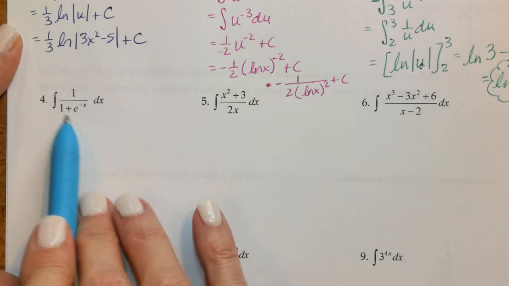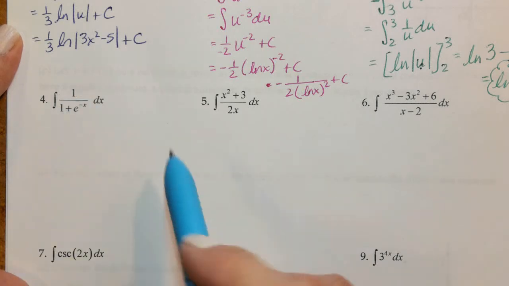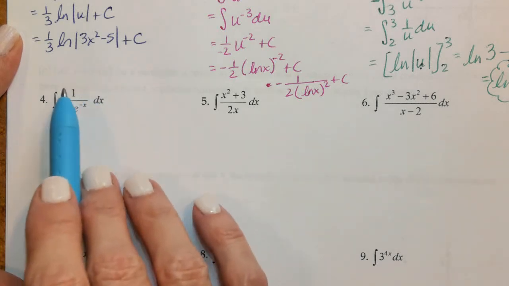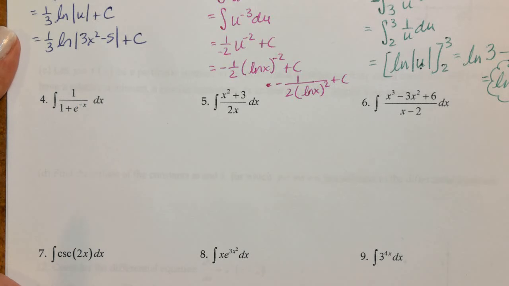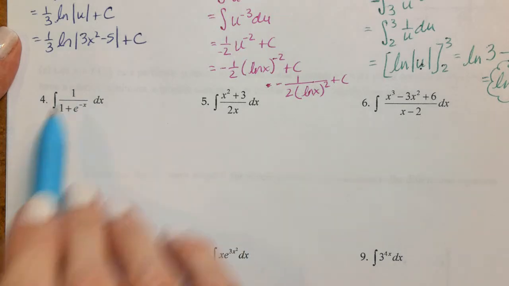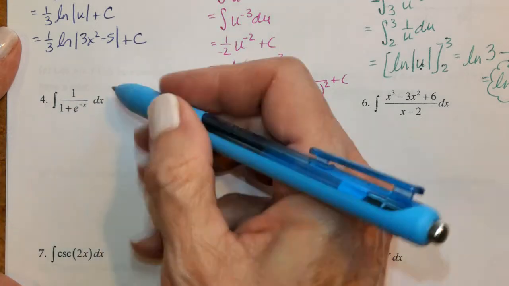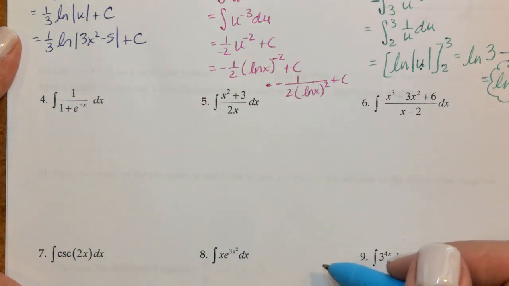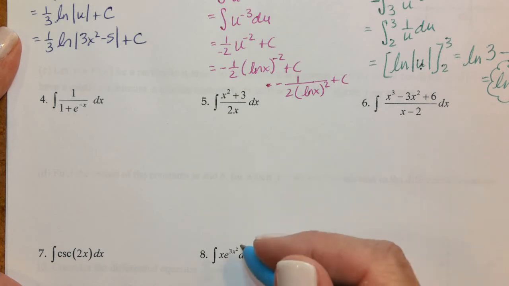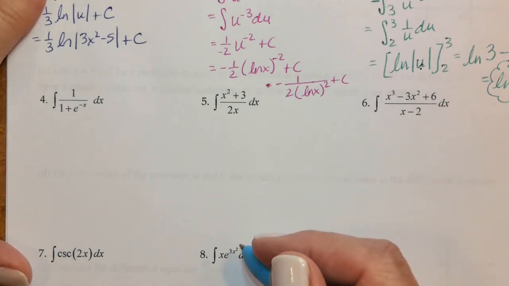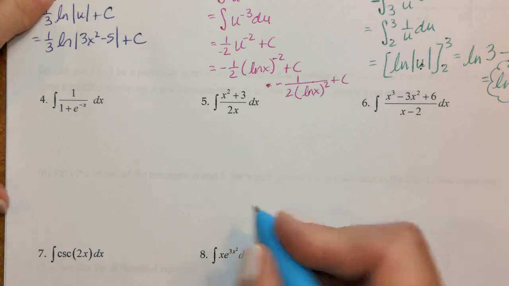We have to manipulate this. We have to make it so that there's an e upstairs in the top, in the numerator. Until we get an e upstairs, we're not going to be able to do a u sub. All right? So how can we get an e upstairs? Well, I'm going to be multiplying top and bottom by something, right? What do we want to multiply top and bottom by? Well, let's think about this.